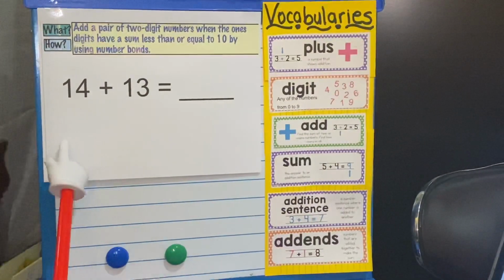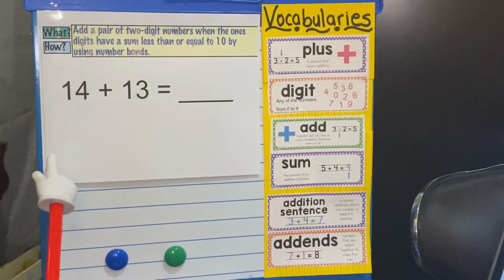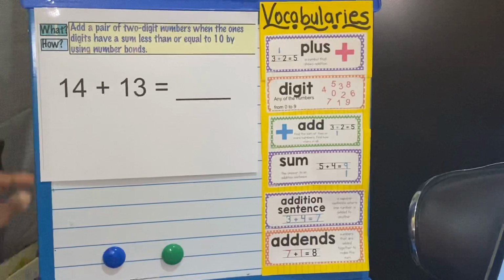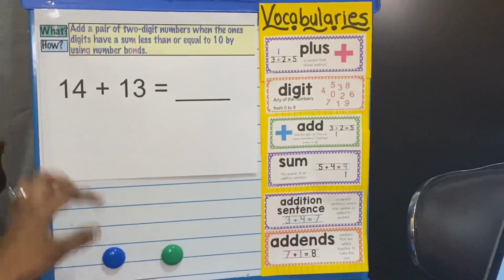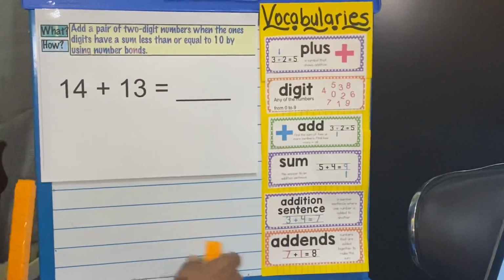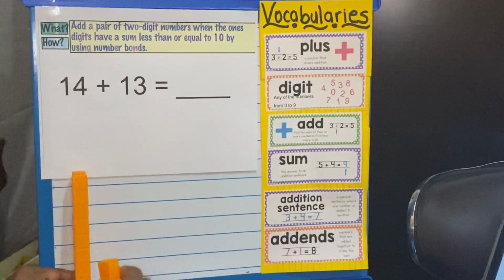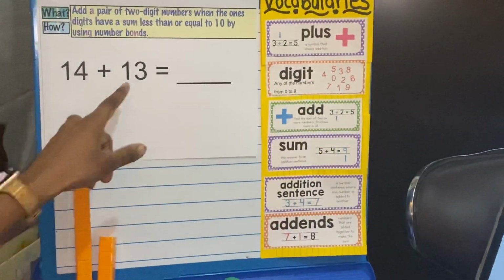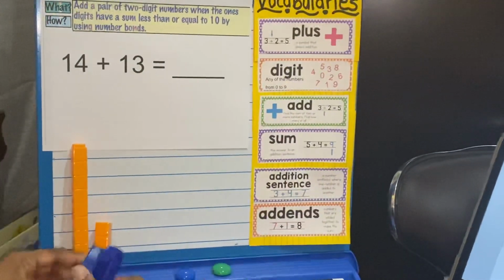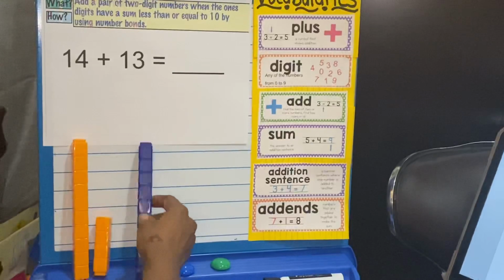I'm going to use cubes to show you the easiest way to find the total. So I have 14 cubes. And then I have 13. Here are my 13 cubes.